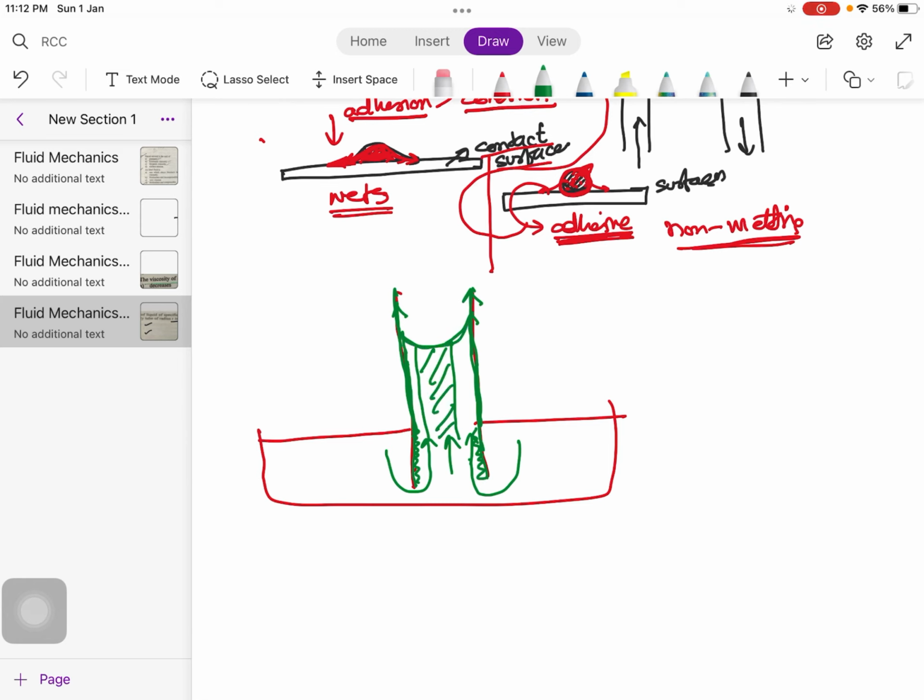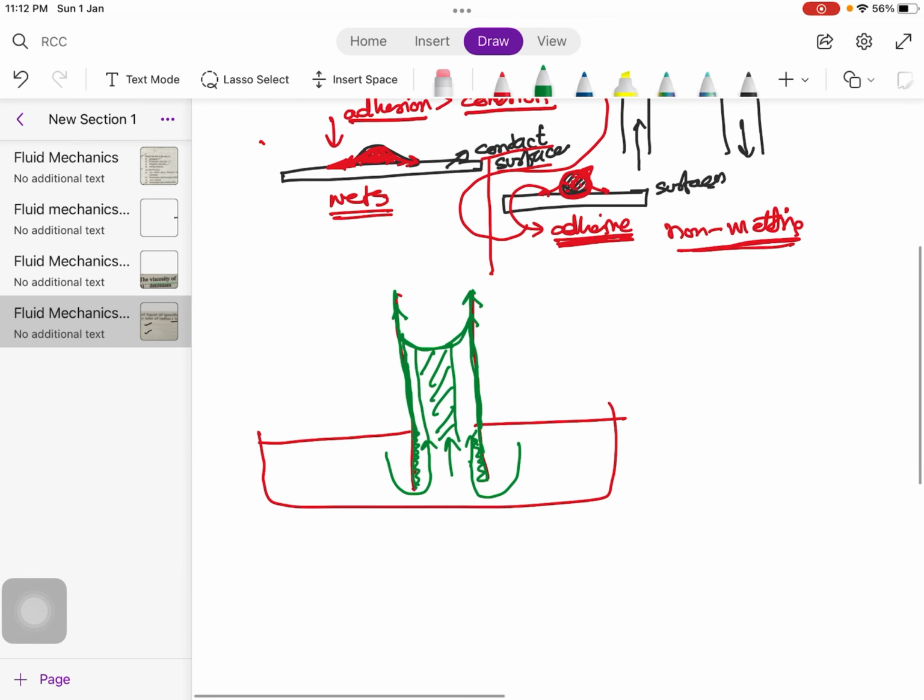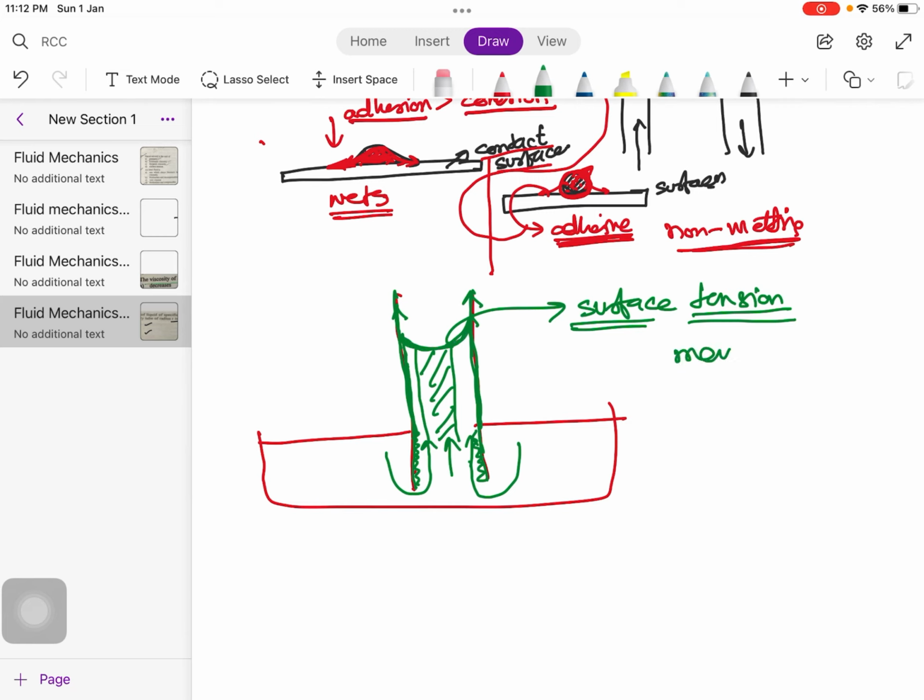because liquids have the property of surface tension. This liquid surface acts as a membrane.